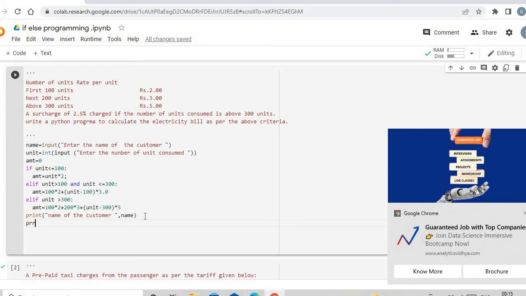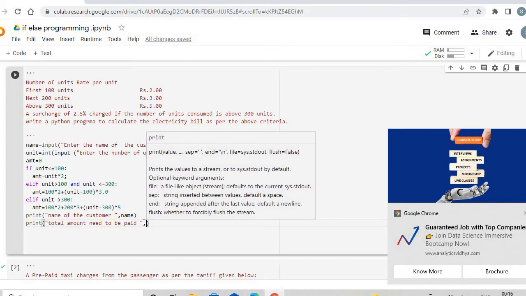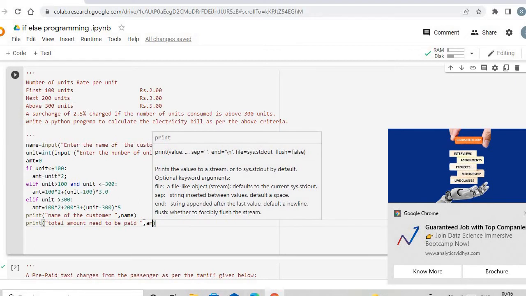Print, total amount need to be paid, comma, amount.